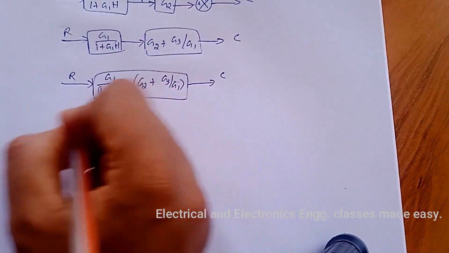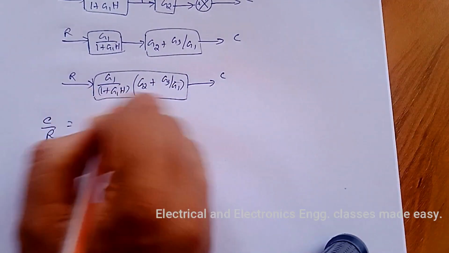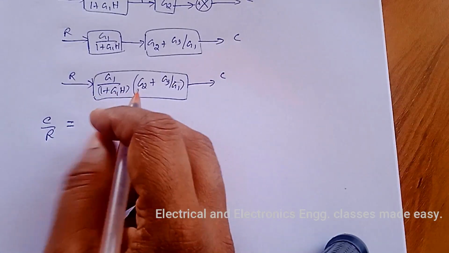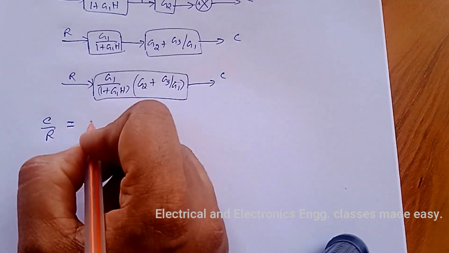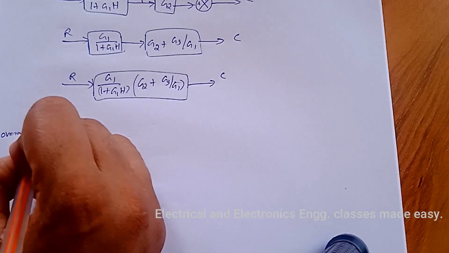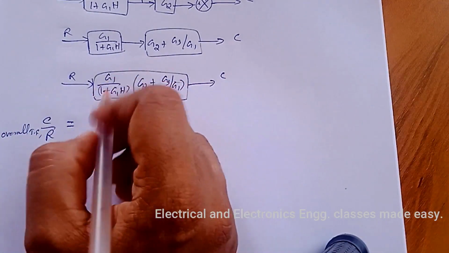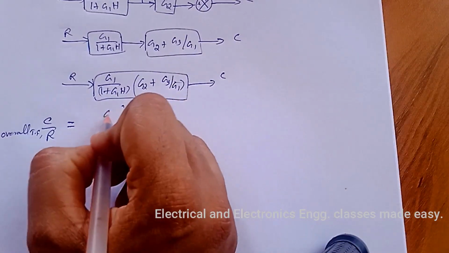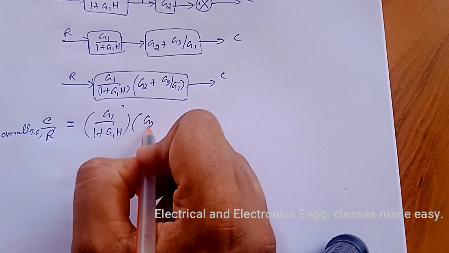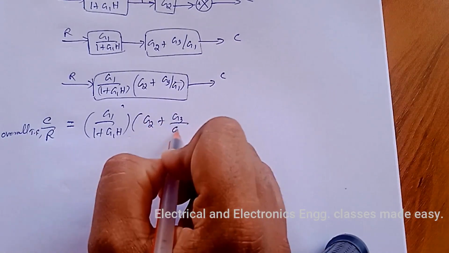Now C by R, that is the reduced transfer function, or overall transfer function. Overall transfer function is this G1 divided by 1 plus G1H into G2 plus G3 divided by G1.